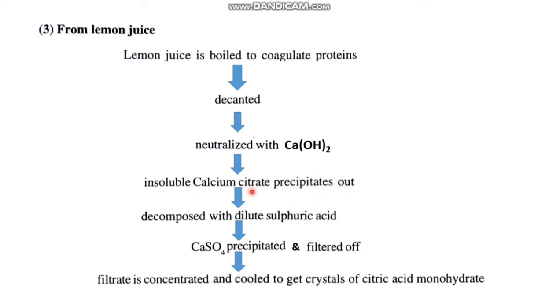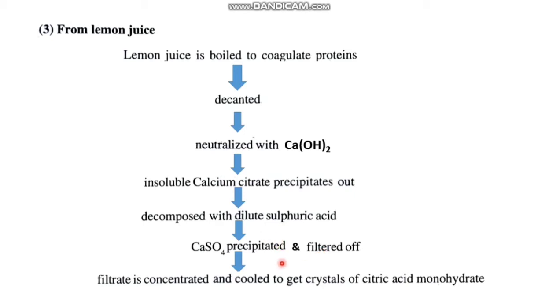This calcium citrate is decomposed with the help of dilute sulfuric acid. We get calcium sulfate in the form of a precipitate, and the filtrate contains citric acid.